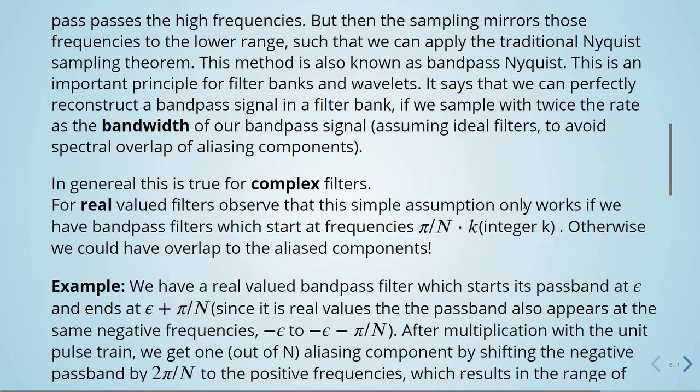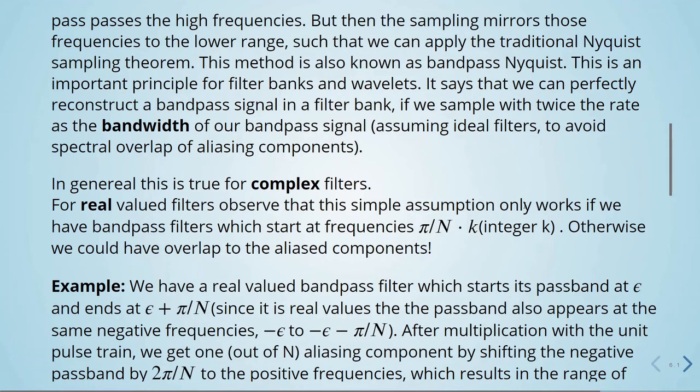In general, this is true for complex filters. For real-valued filters, we need to observe that this simple assumption only works if we have band-pass filters which start at frequencies pi divided by capital N times k, with an integer k.